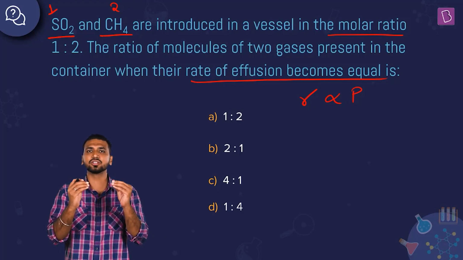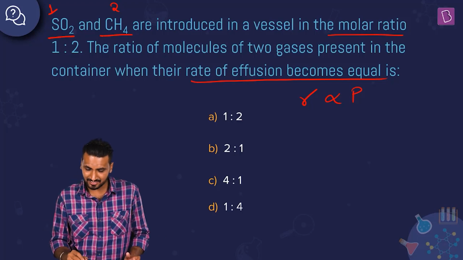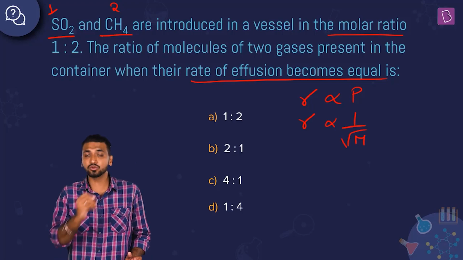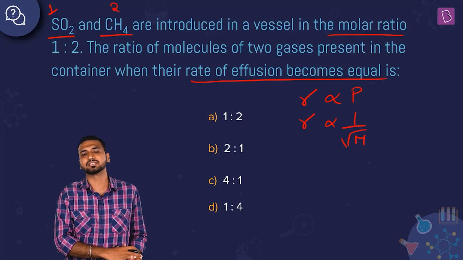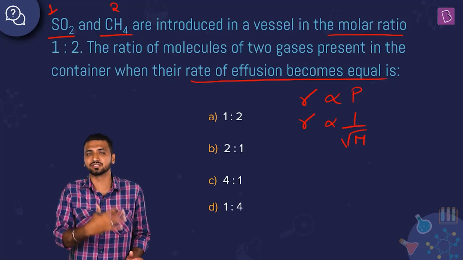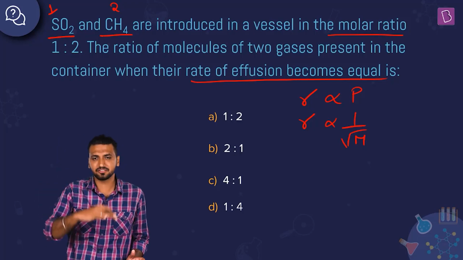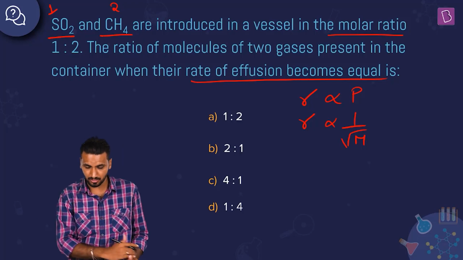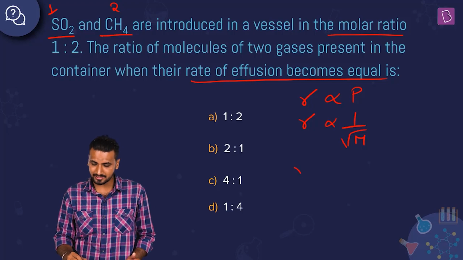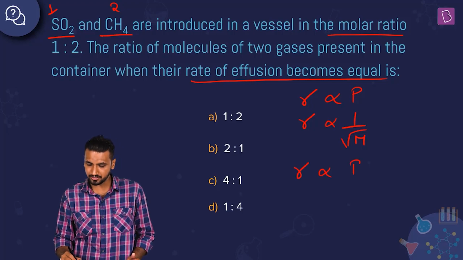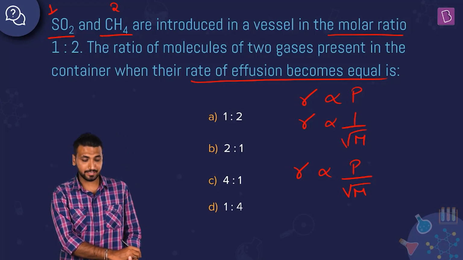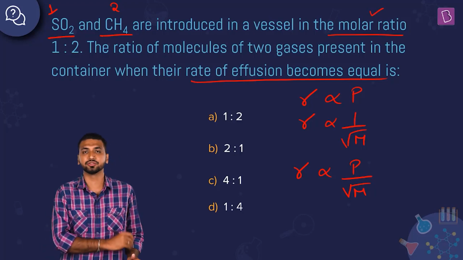A heavier gas moves slowly, and the rate depends on the square root of molar mass, an inverse relation. Higher the mass, lesser will be the rate of effusion and diffusion. Combining this, the rate depends on the pressure and the square root of molar mass. But we are talking about the molar ratio.